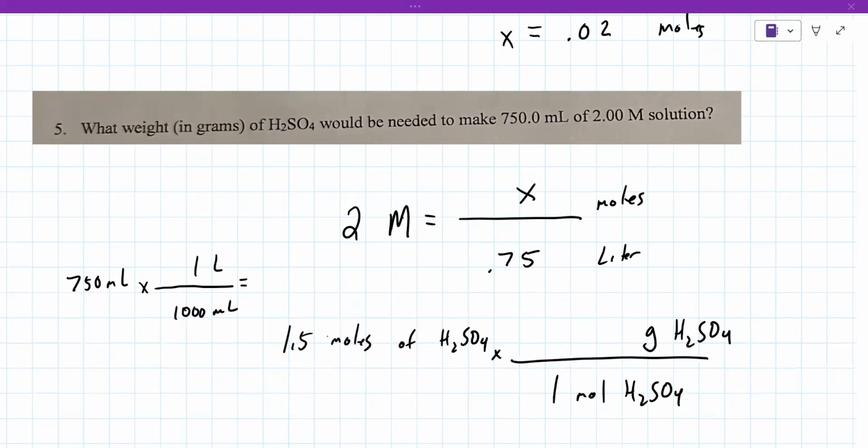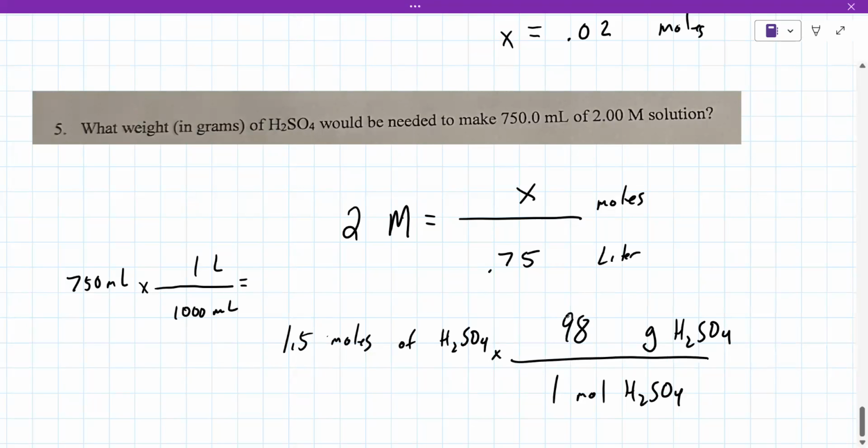So you have to go to your periodic table and determine the molar mass. 98.